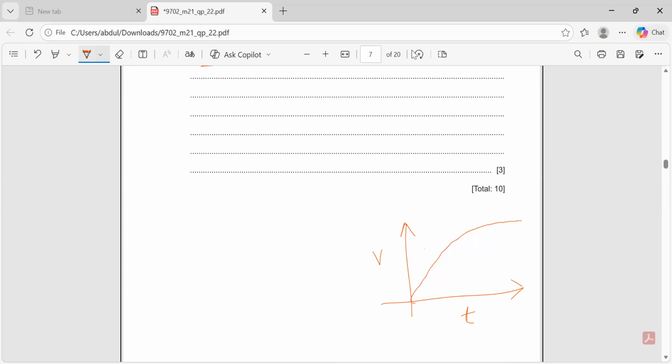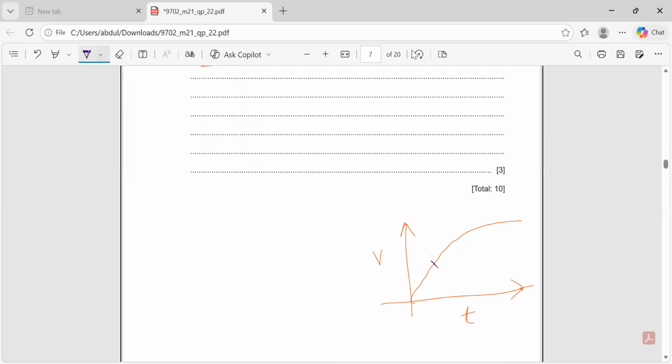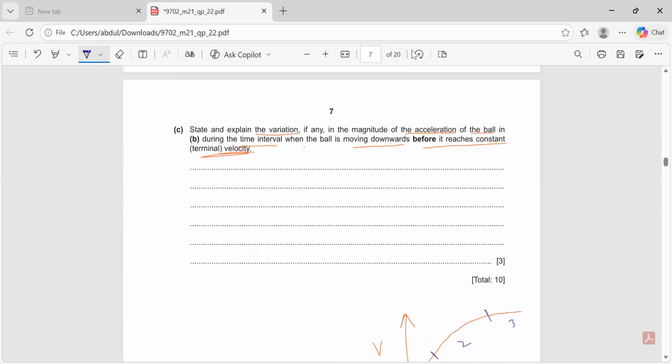Now we can divide this graph into three portions: this is 1, this is 2, and this is 3. We don't need to discuss 3 because here the body is at terminal velocity.